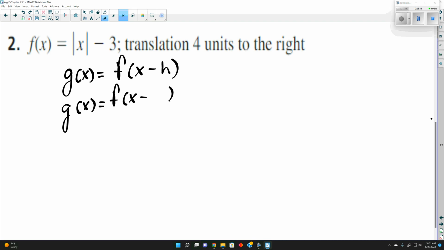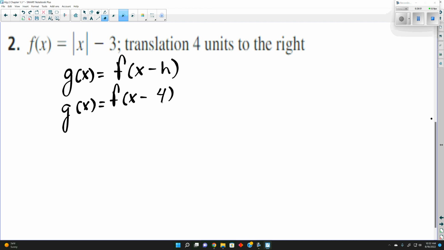Because we're moving where? 4 units to the right, yes? So it's going to be 4. Will the 4 be positive or negative? The actual value of 4 is positive, but now it's going to look negative, yes. That's one of the funny things with the input-output, or when we're affecting left and right: it still ends up being the opposite of what we think, but we don't have to change the sign to make it the opposite, because we're just plugging that value in.